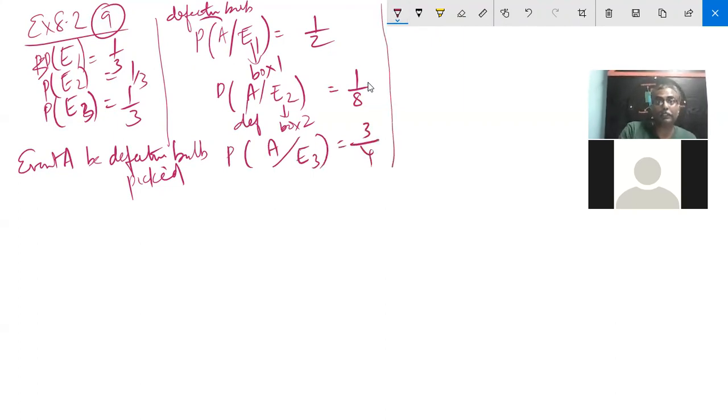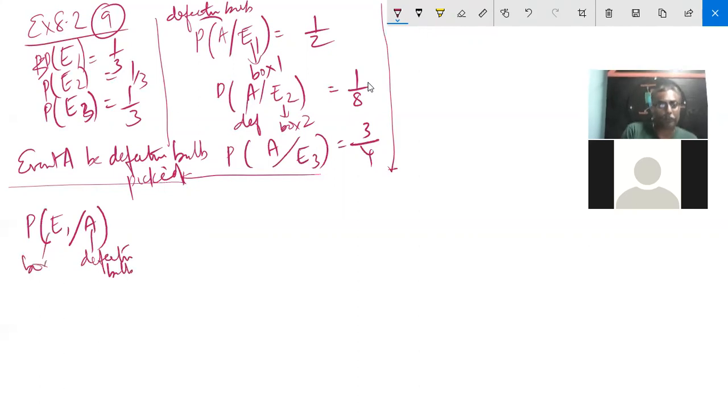What you have to do is interpret this data. Now all of the things necessary are given. So what you have to find out is the probability that you picked up a defective bulb from box 1.